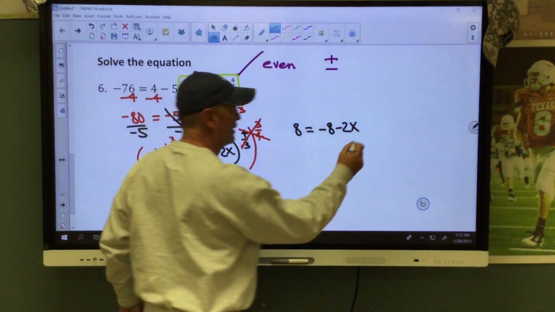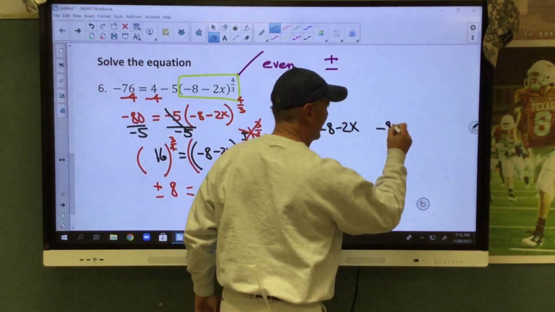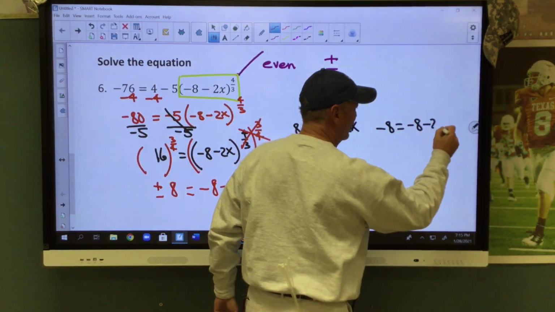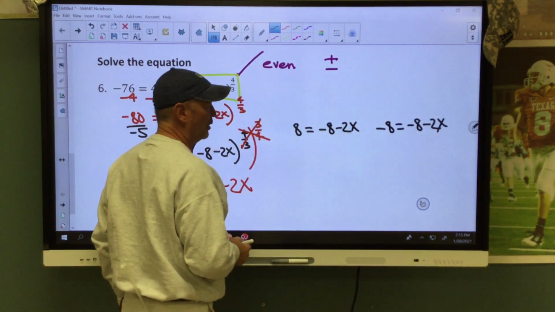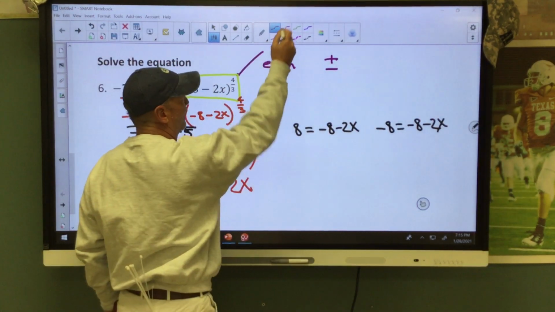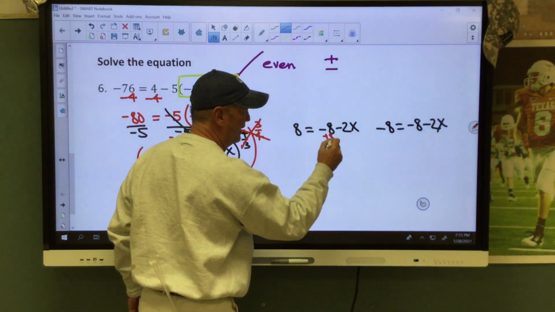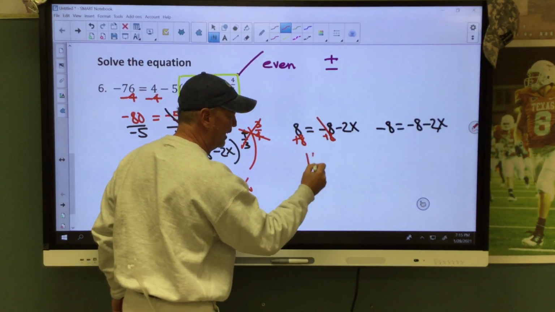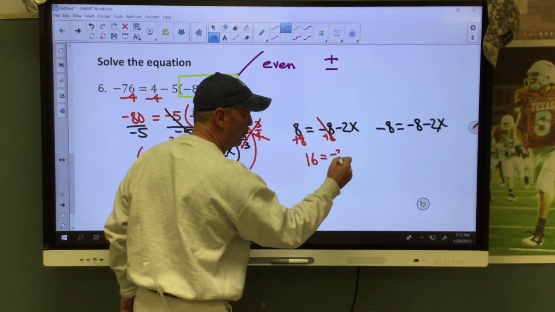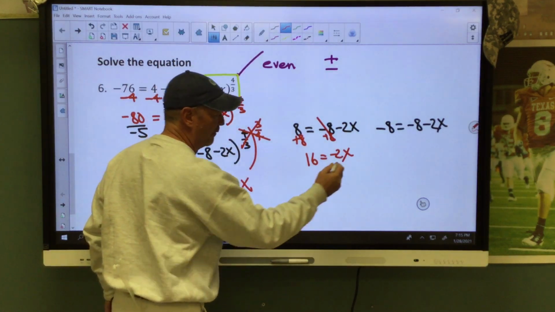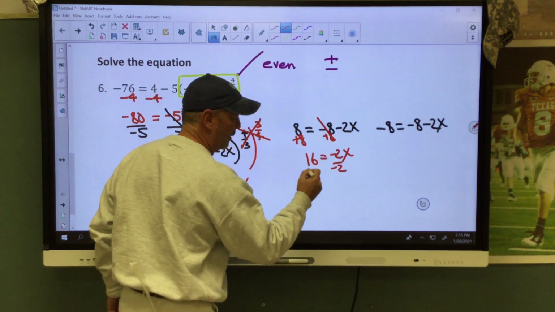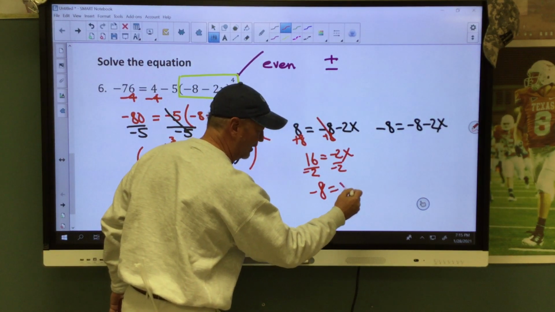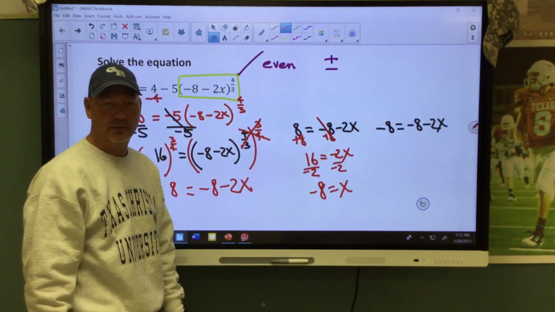We'll say negative 8 equals negative 8 minus 2x. So to solve this, I'm going to go plus 8 plus 8. 16 equals negative 2x. Divide by negative 2, divide by negative 2, negative 8 equals x. There's one of my solutions.